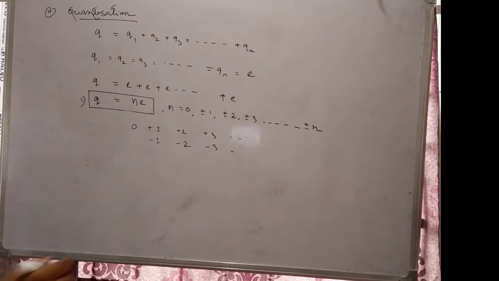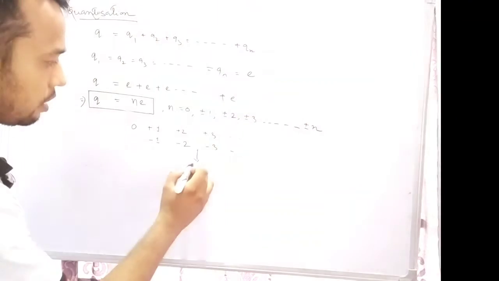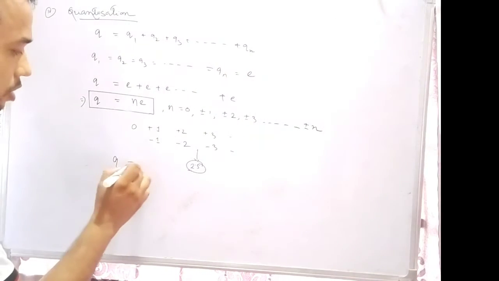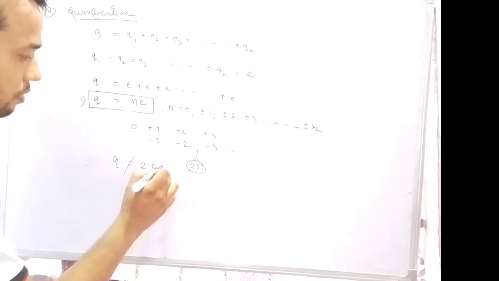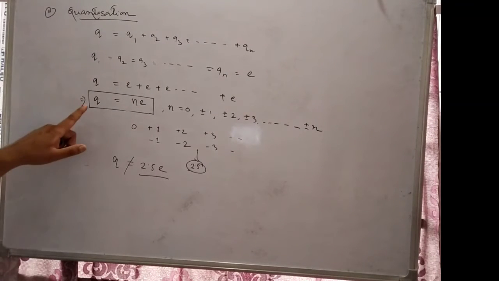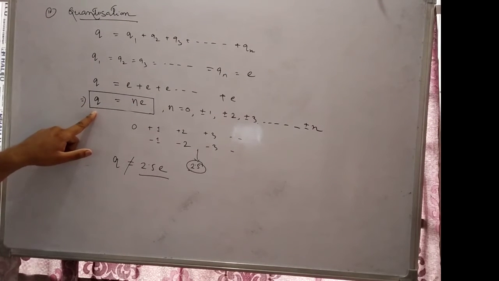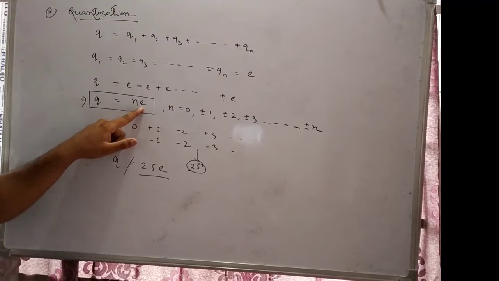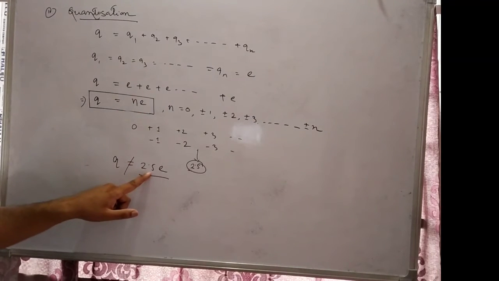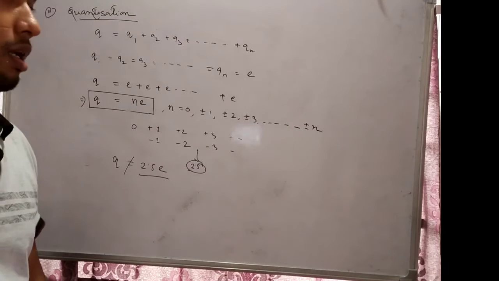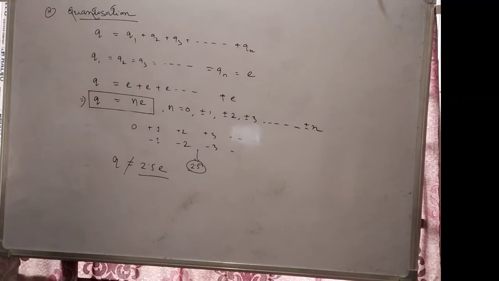But always remember, here we can't get 2.5. Charge cannot be equal to 2.5 e. So charge always remains an integral multiple of e. We can't divide charge. That's why it always remains an integral multiple of e, and this is called quantization of charge.